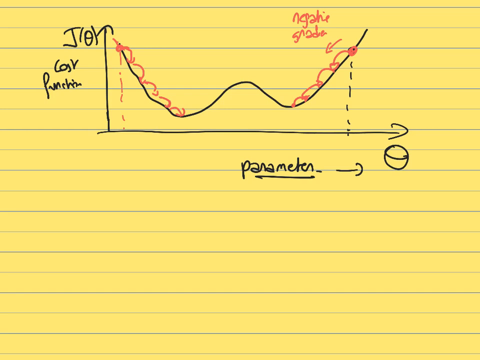You always go in the direction of the negative gradient. Now you will end up at this minimum. So it means that depending on the choice of your initial guess for the values of the coefficient theta, you can end up in a different position at the end.